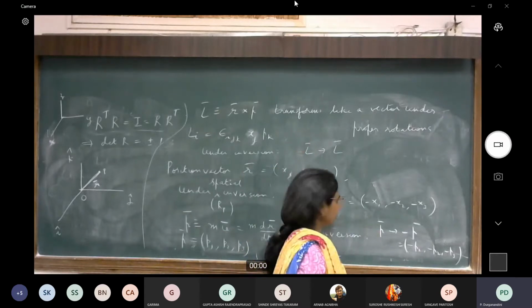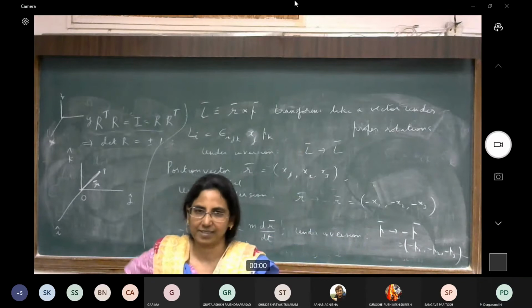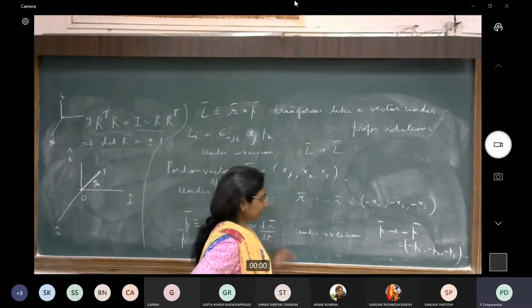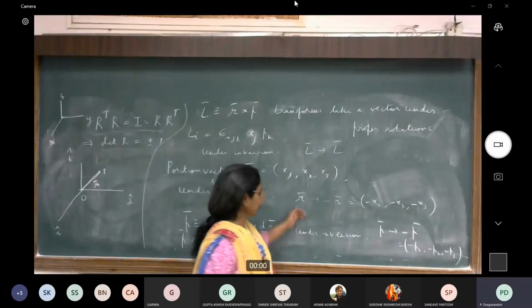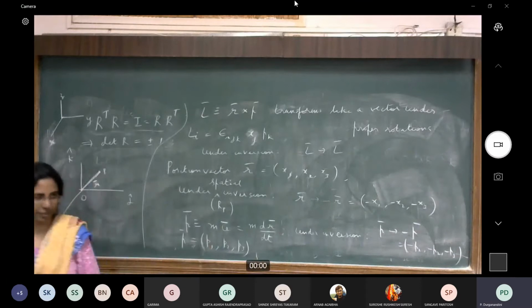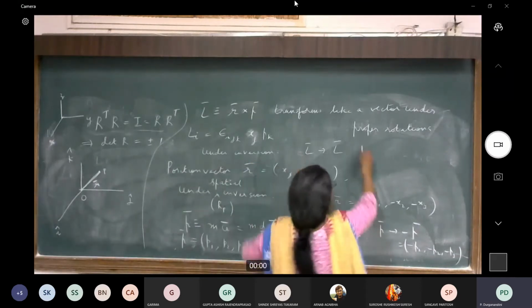What kind of vectors are these called usually? The position vector, the momentum vector, these are called polar vectors. Vectors which change sign under inversion are called polar vectors, and a vector which does not change sign is called an axial vector.